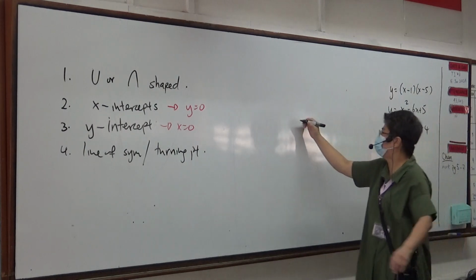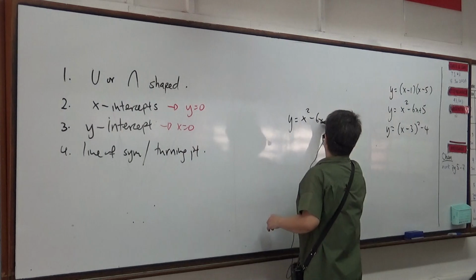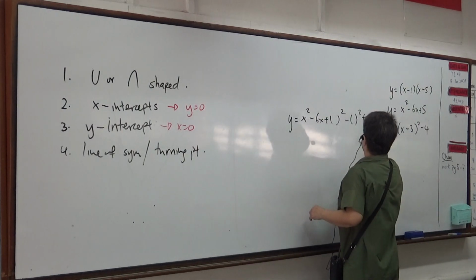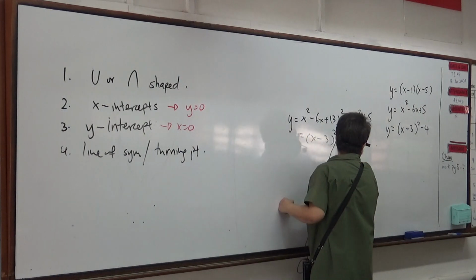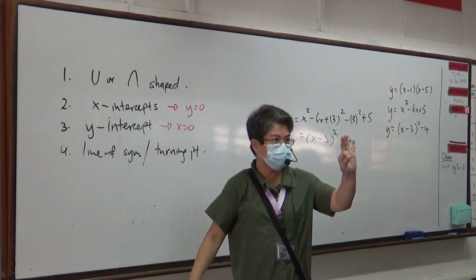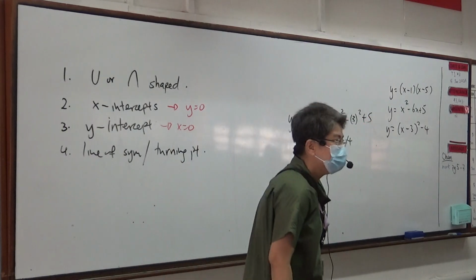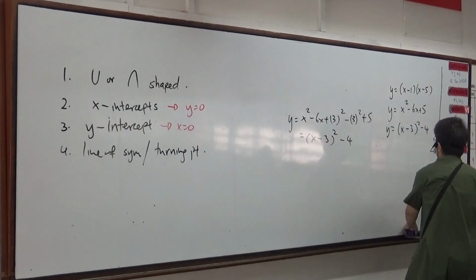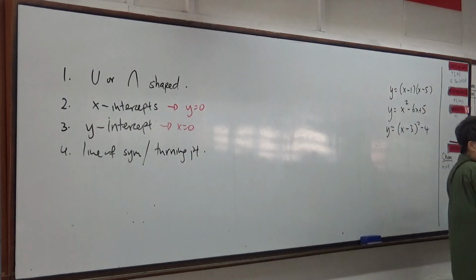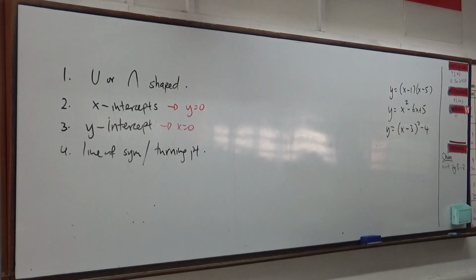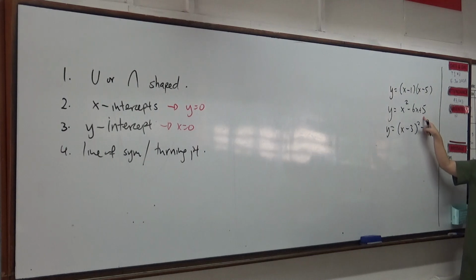I complete the square, alright? Do you agree that these three are equivalent forms of the same equation? Okay, now, of course, if you have it this way, most of you will factorize first. Understand? You get this. Then you know the intercepts. Understand what I'm talking about?